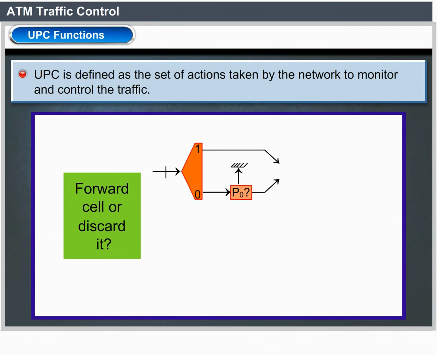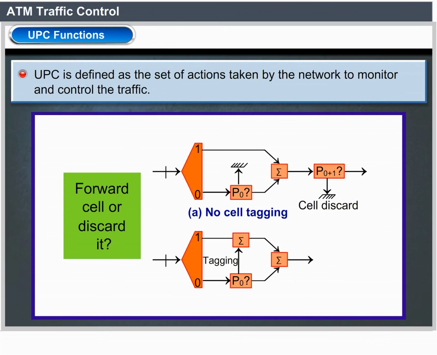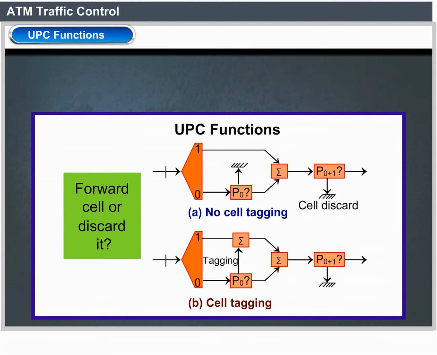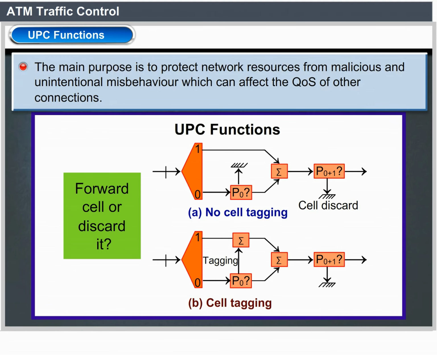UPC is defined as the set of actions taken by the network to monitor and control traffic. The main purpose is to protect network resources from malicious as well as unintentional misbehavior which can affect the QoS of other connections.